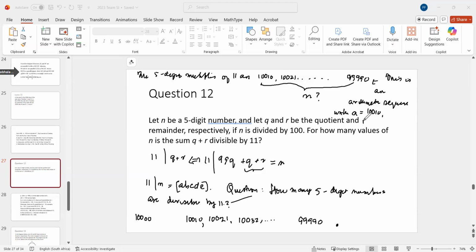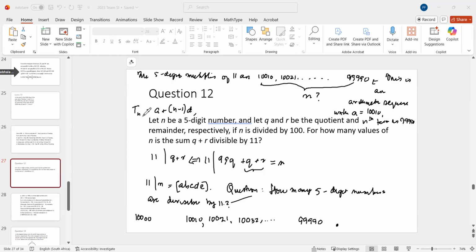So we know the nth term is 99990. All right. So this is a formula involving the nth term of a sequence. In an arithmetic sequence, the nth term is the first term plus n minus 1 times d. The problem is to find n, the number of multiples of 11.